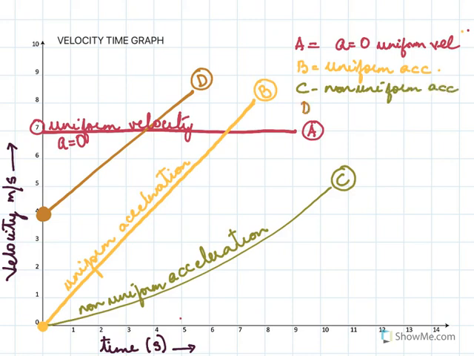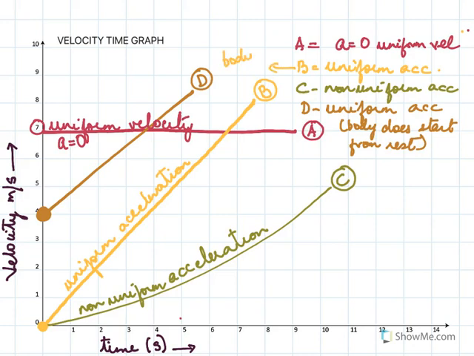Then we get on to D, which is also uniform acceleration, but the body does not start from rest. In B, this body starts from rest. So these are the different graphs. So graphically, we can represent all these different motions.